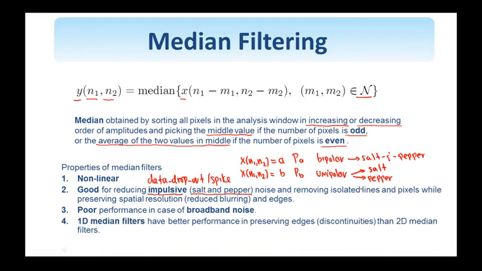Finally, as we'll show with the toy example, the one-dimensional median has a better performance in preserving edges in an image than the two-dimensional median, and very often we'll implement the two-dimensional median as a separable operation, two one-dimensional medians in the vertical and the horizontal directions.